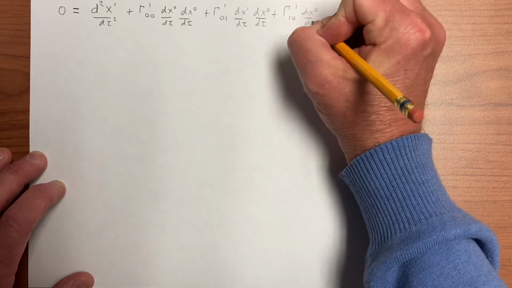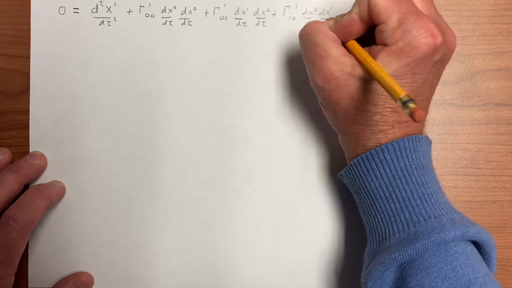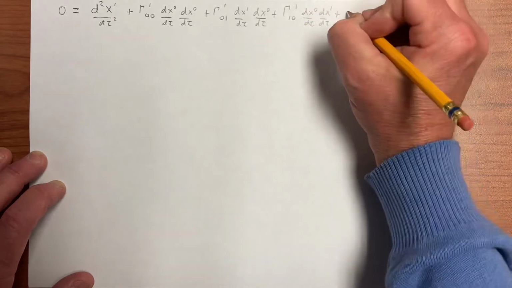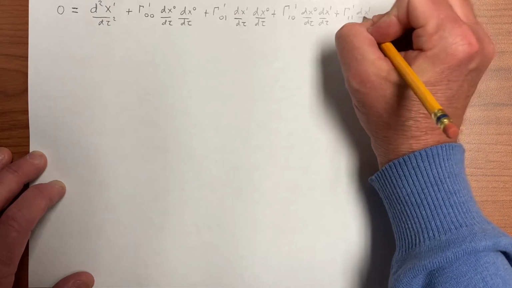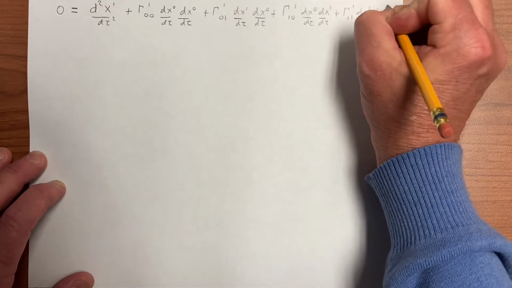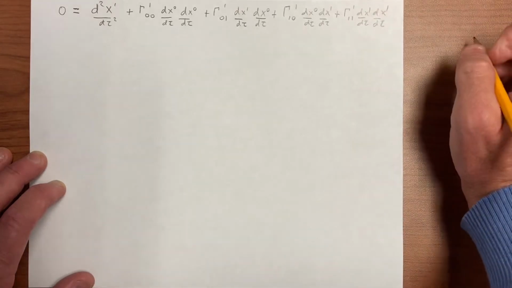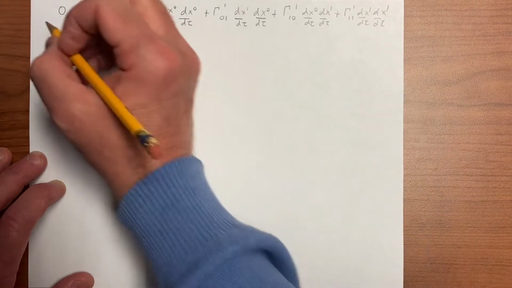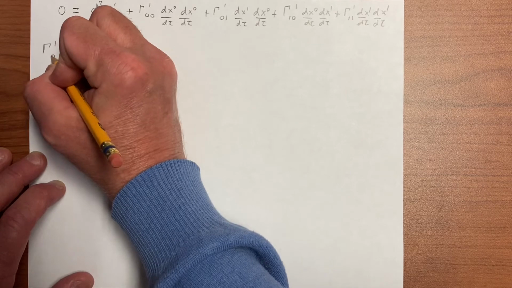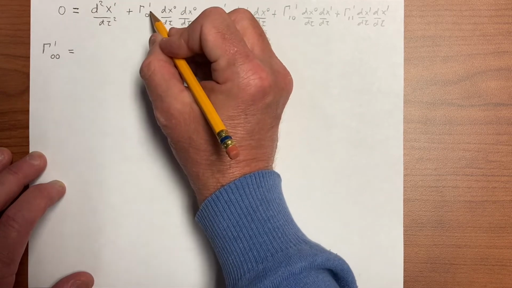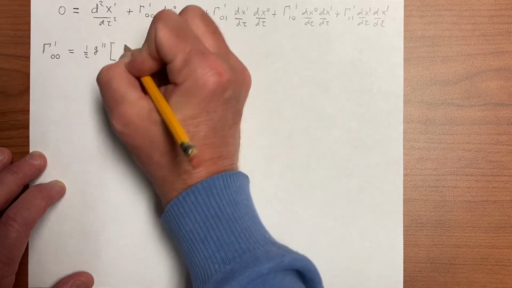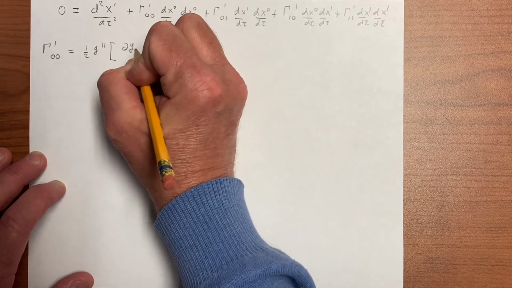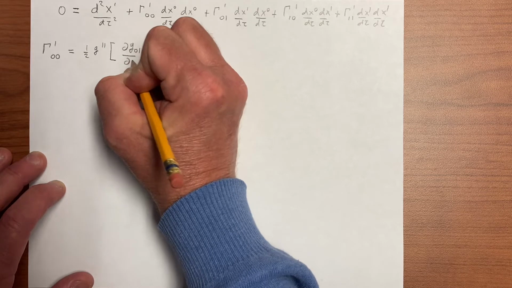dx0 dx1 plus all ones, 1, 1, 1. Therefore dx1 dx1. And so we need gamma 1, 0, 0. And that's 1/2 g11 dg01, which is 0.